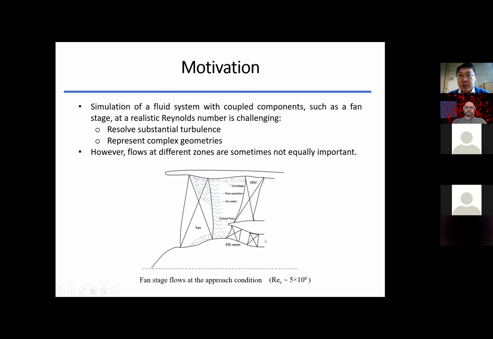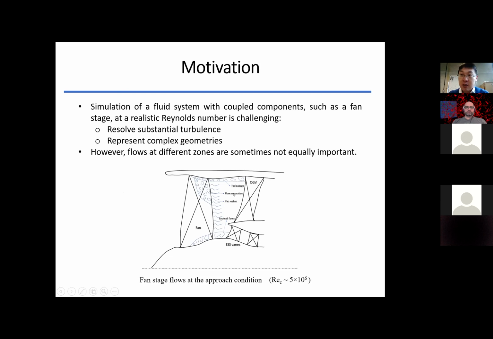Obviously the flow in this fan stage is not equally important. For example, in this half speed approach condition, flow separates in the tip regions, and the majority of the noise and the losses are generated in that region. So we mainly want to focus on these regions.